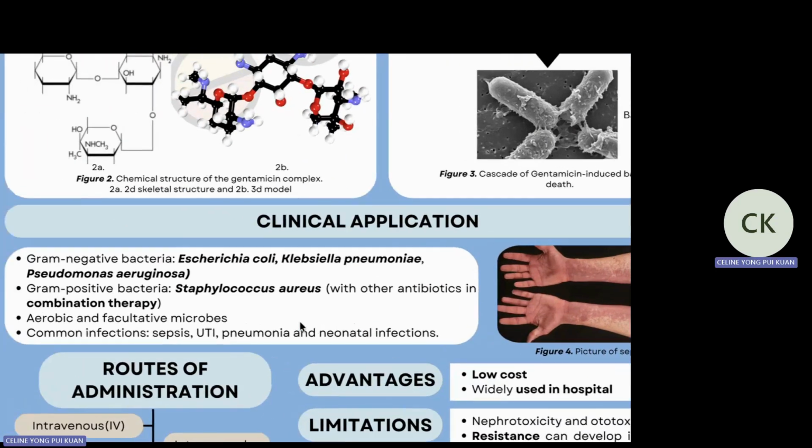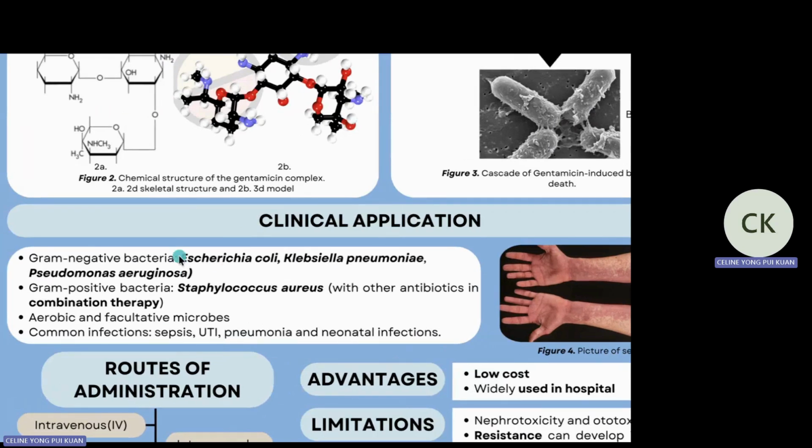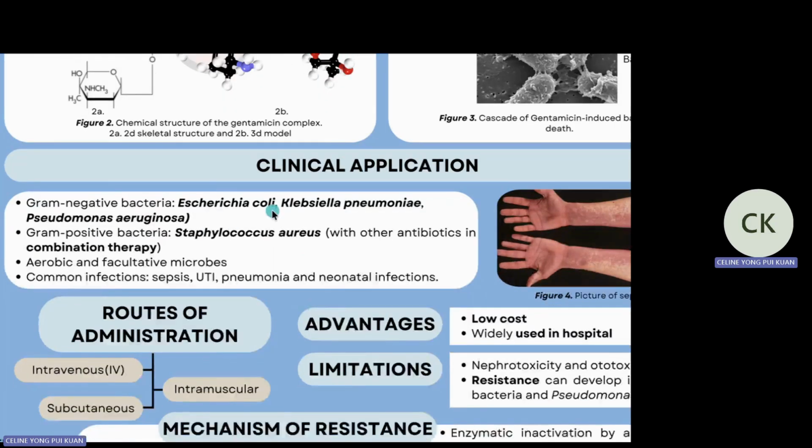Clinically, gentamicin is considered a broad-spectrum antibiotic, particularly effective against aerobic gram-negative bacteria, and is commonly used to treat moderate to severe infections such as sepsis, urinary tract infections, pneumonia, and neonatal infections. It may also be used in combination therapy with other antibiotics, such as beta-lactams, to enhance effectiveness against certain gram-positive bacteria, like Staphylococcus aureus.